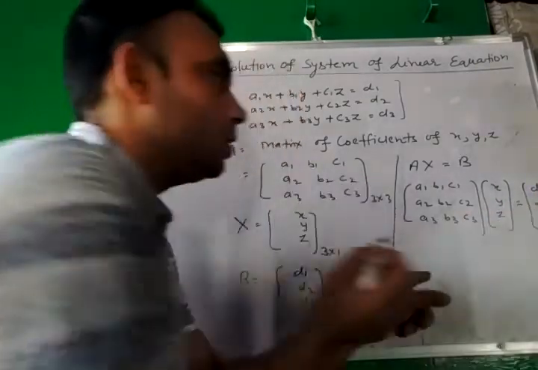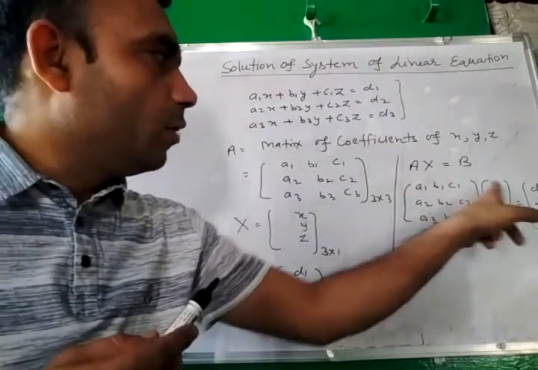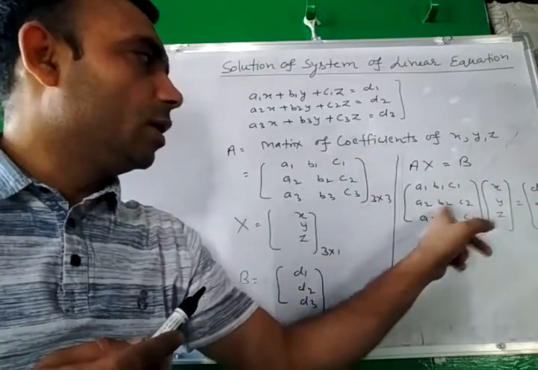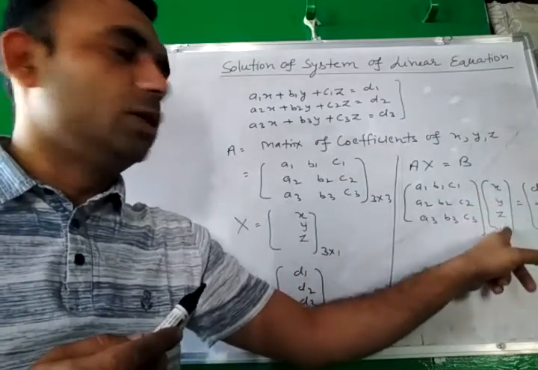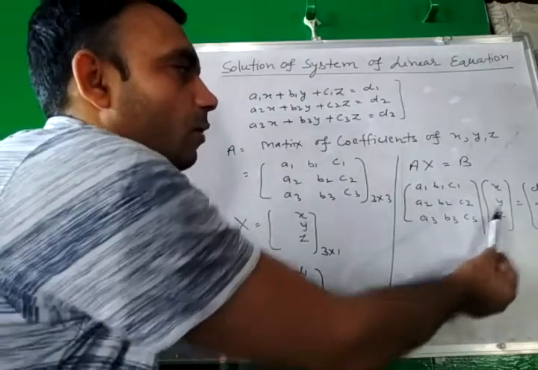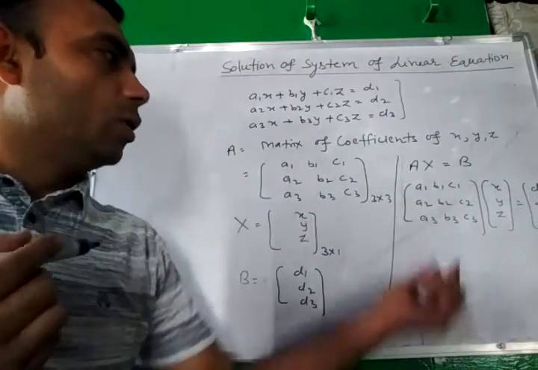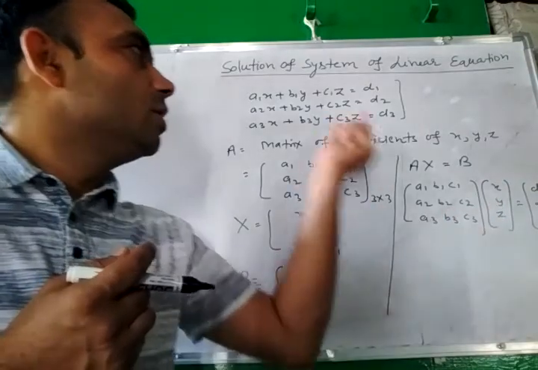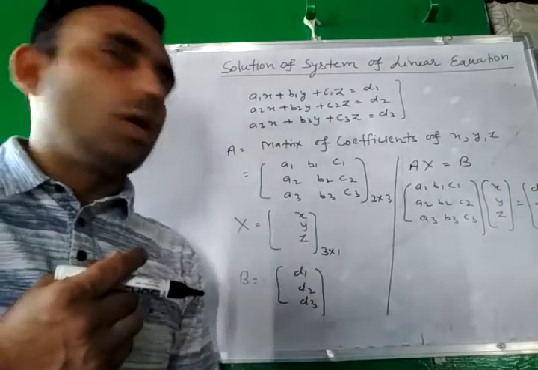If you multiply this, what do we get? a1x + b1y + c1z = d1, a2x + b2y + c2z = d2, a3x + b3y + c3z = d3. So this matrix system represents the system of linear equations.